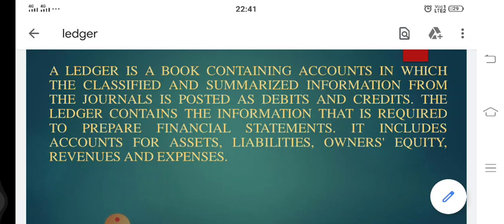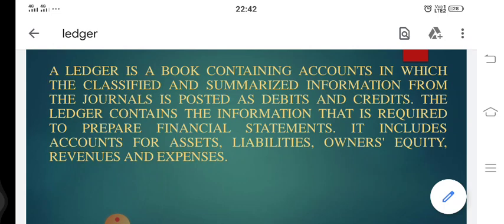Now, for example, if I ask you your balance of cash, since you have recorded these transactions in your journal entries, you will have to go through all journal entries to find out the cash balance. But it will be a very lengthy, time-taking procedure.